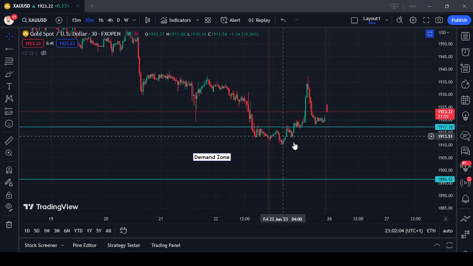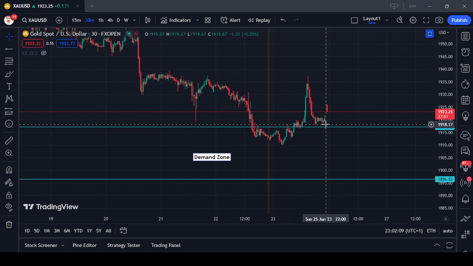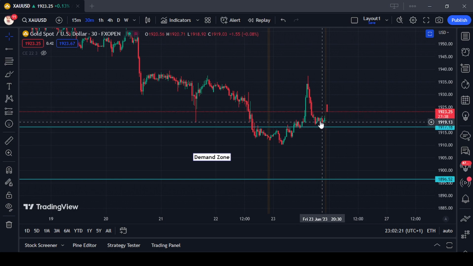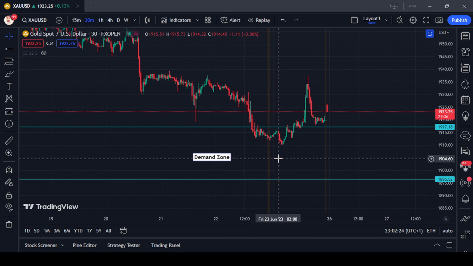Now I can predict that if gold holds this position and shows us some bullish momentum candles from here, then gold could go in the up direction.